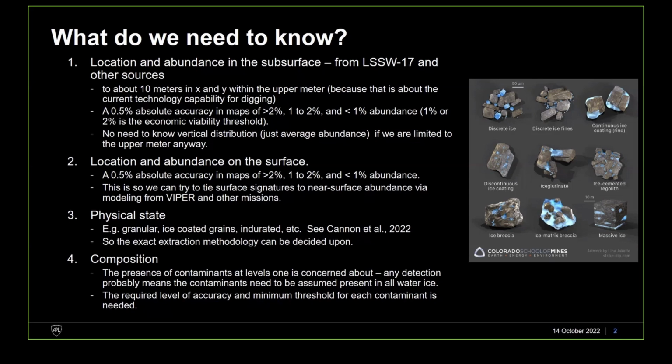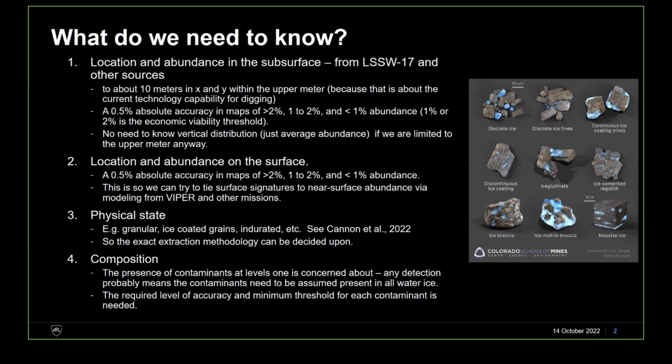I want to start first with what we need to know, and Laszlo went over a lot of this, but it's always useful to hit upon. I was happy to hear very similar numbers from him, not exactly the same, but that's fine. We need to understand the location and abundance in the subsurface, because water ice that's going to be a reserve is going to be in quantity in the subsurface, to about 10 meters in X and Y within the upper meter.